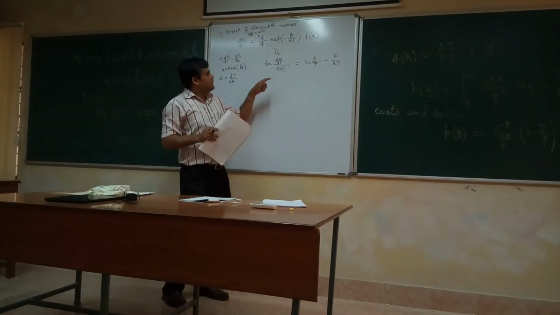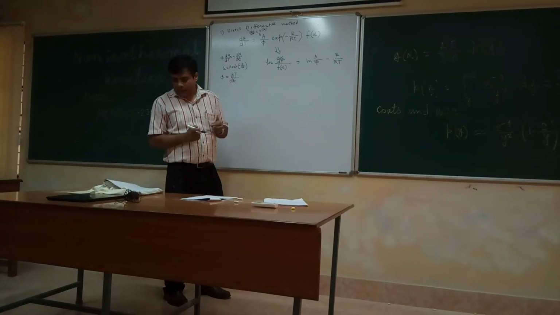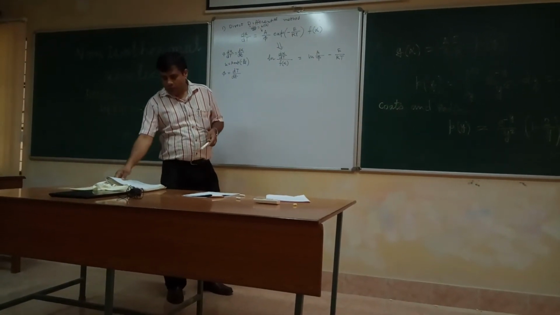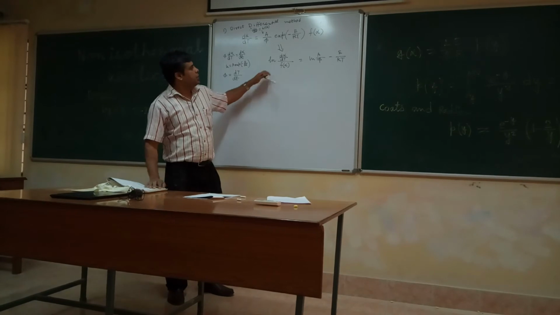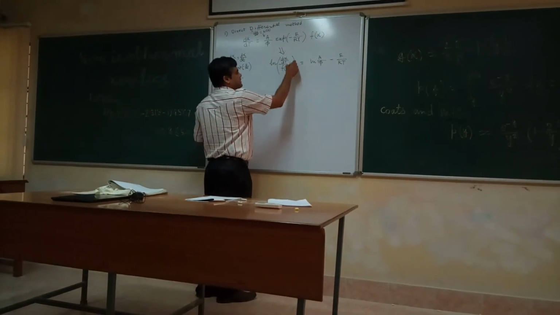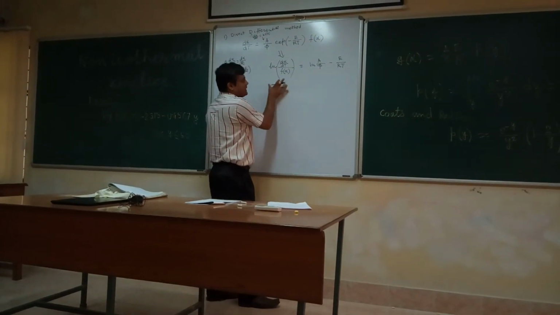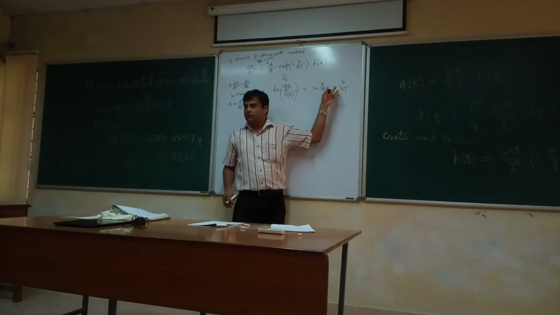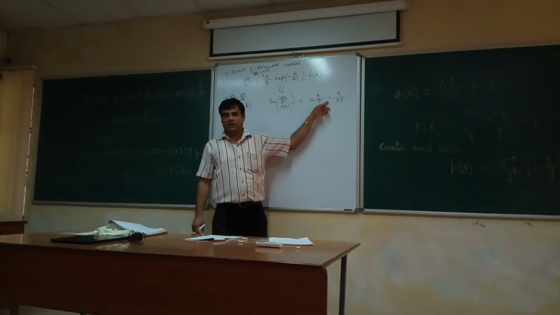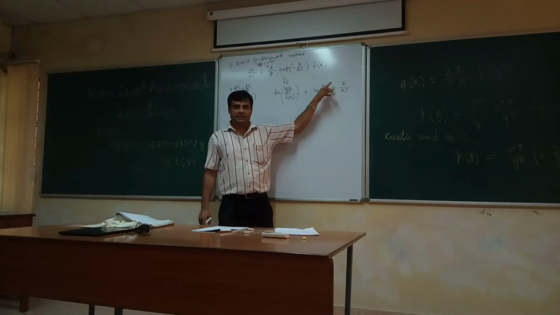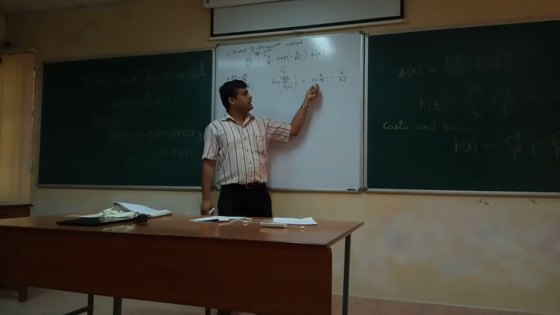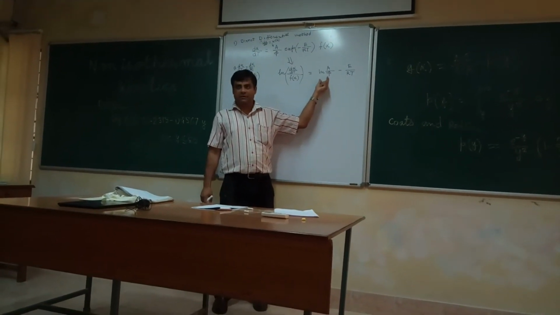Now what you do, you plot ln of this versus 1 over temperature. The slope will give you activation energy E, and your intercept will give you A.